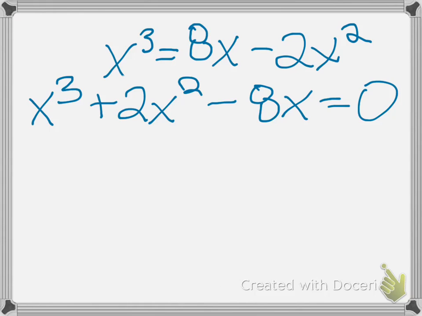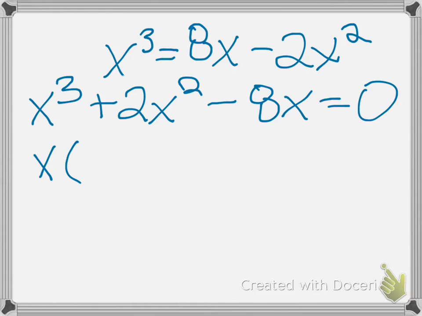Notice that the right side of the equation is equal to 0, which is what we want, so that when we factor this expression, we'll be able to use the zero product property to solve for our variable. The next thing we want to do is factor out the greatest common factor from all three of our terms, which in this case is x.